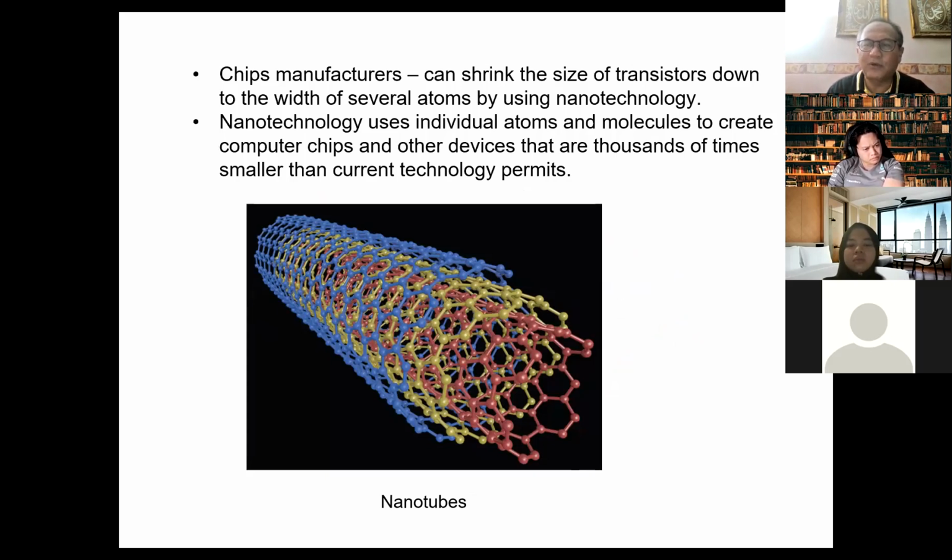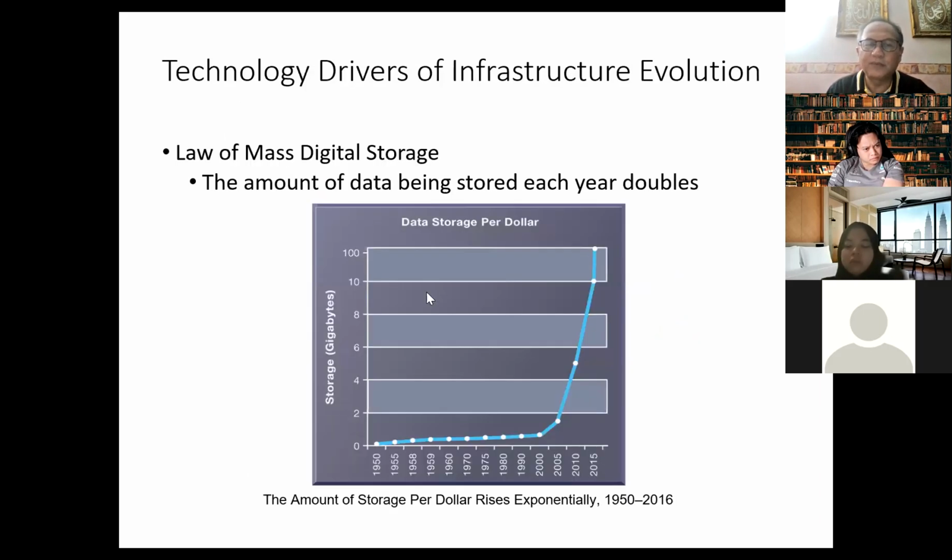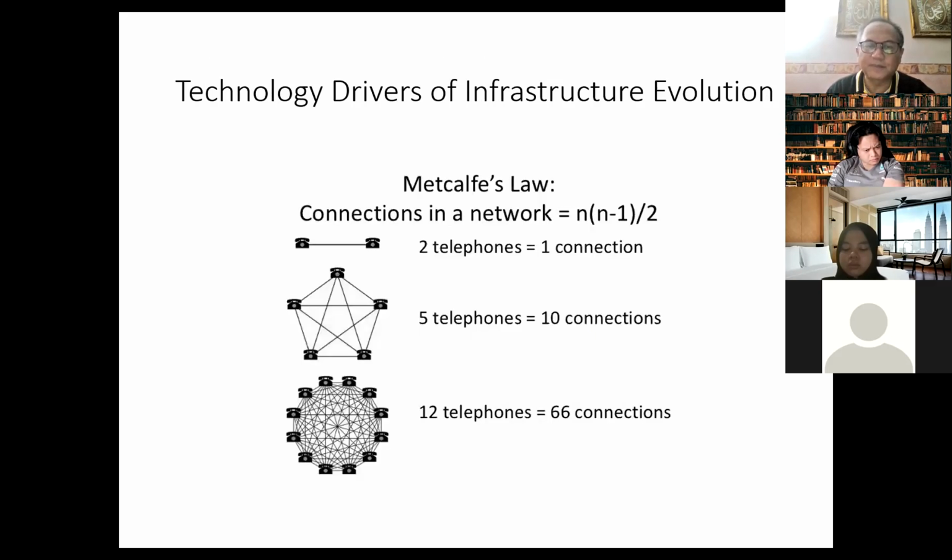Transistors are now being replaced by using atoms, using nanotechnology. We are reducing the chips, and the storage price is also getting cheaper and cheaper. So the amount of data stored each year doubles due to the reduction in cost of storage.